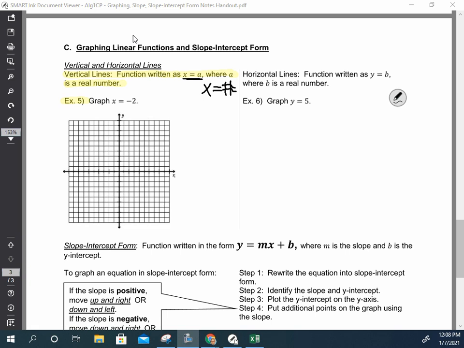So x equals -2. So here's how we graph x equals -2. Go to the x-axis, go to where -2 is, and then draw a vertical line down -2.